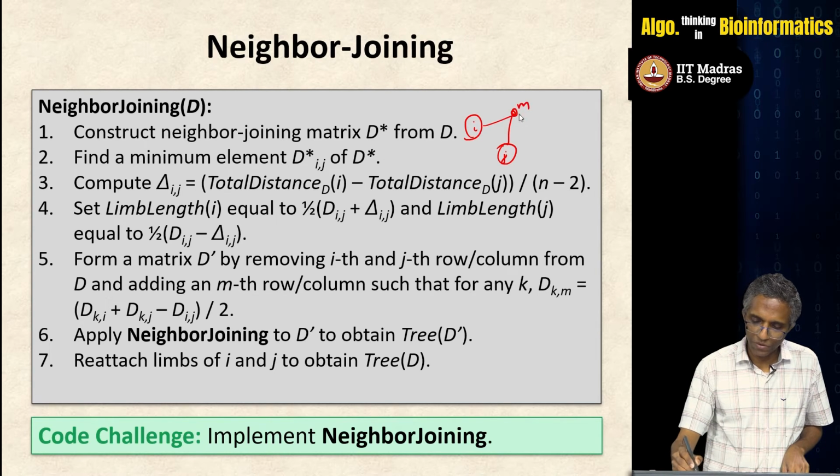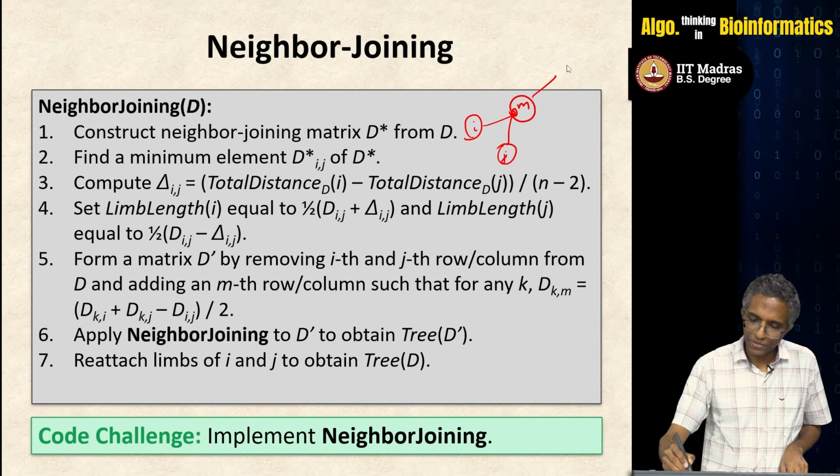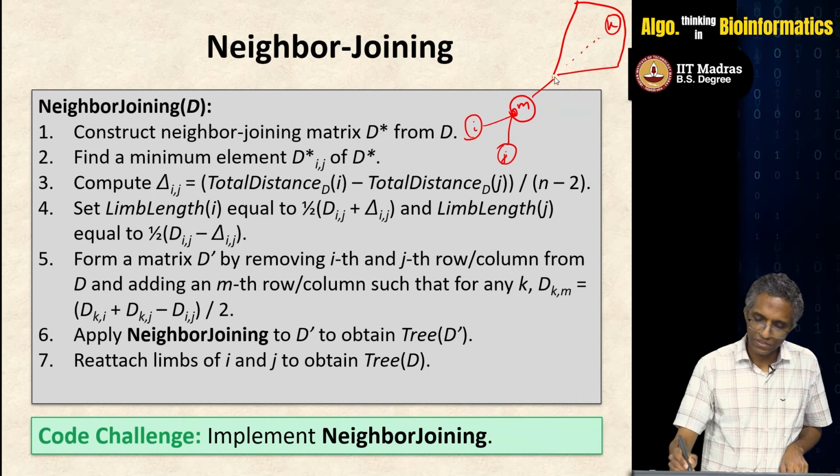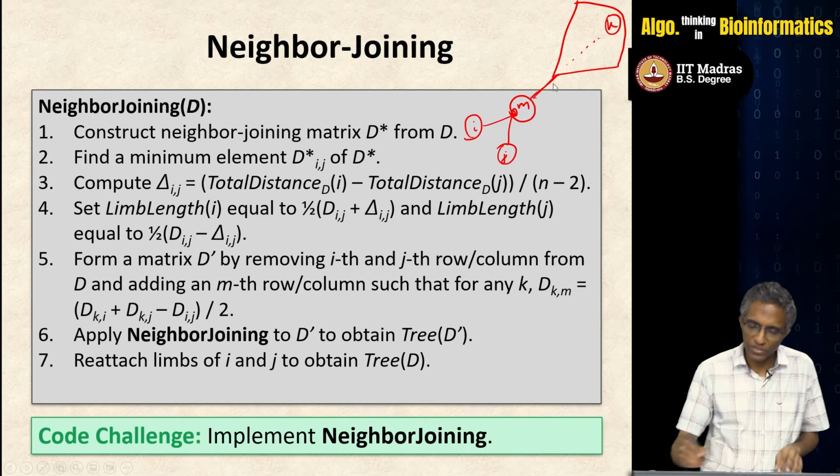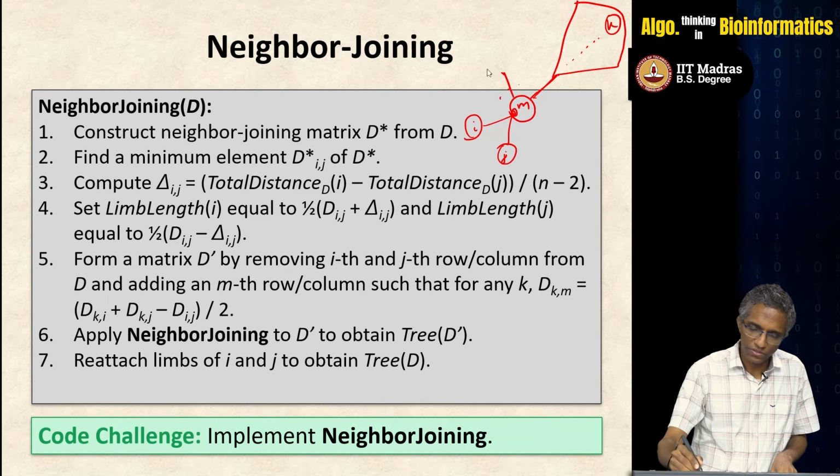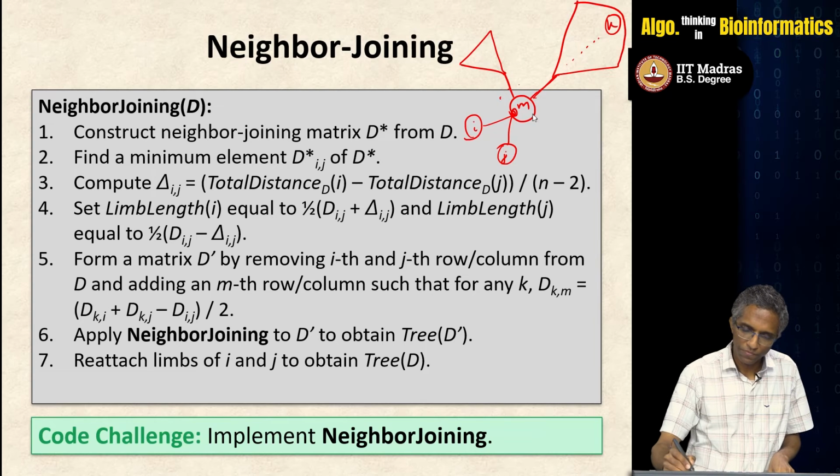This is the m node, and then you have some other leaf k in some subtree that is branching out from m. Okay. So, m may have some other branches also.